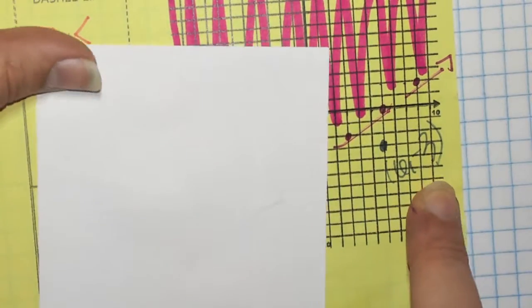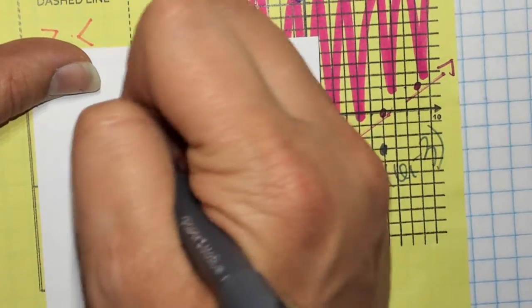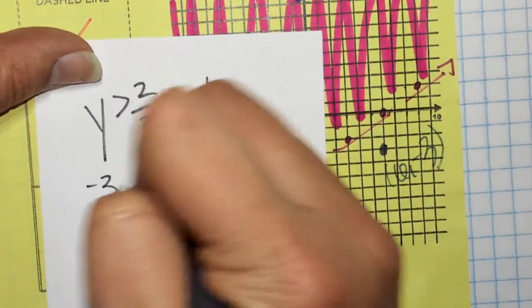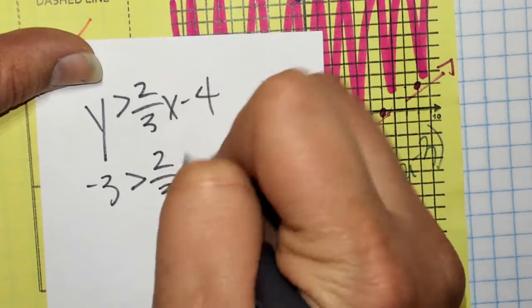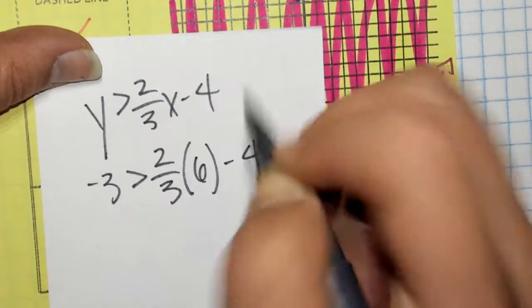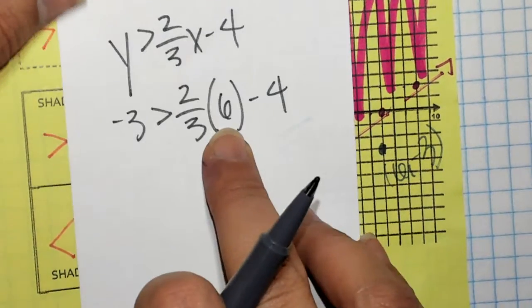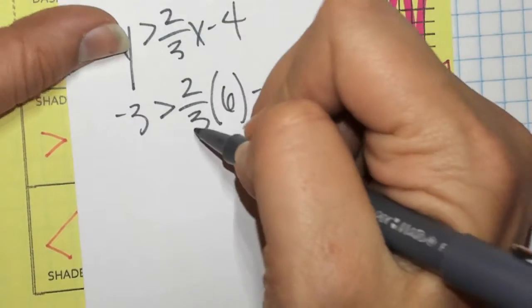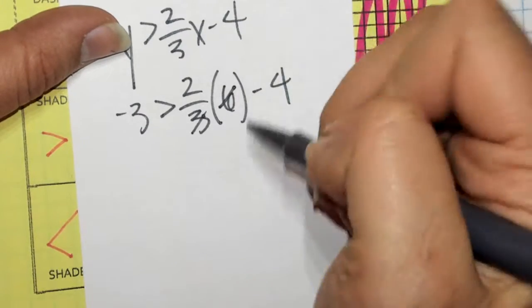Now, what's my y value? -3, correct? All right, so -3 is greater than 2/3 times, what's my x value? -4. All right, fractions mean we do what? We divide, and then we multiply, but we divide. So 3 goes into 6 how many times?